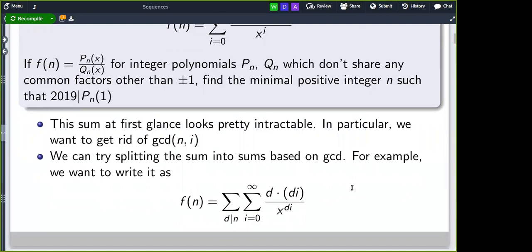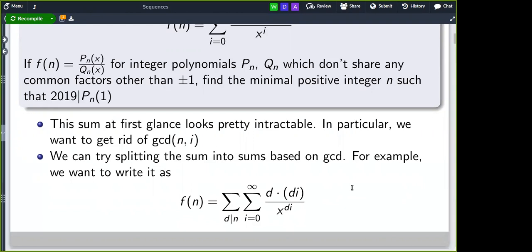Can somebody tell me why it's incorrect, first of all? No, it's not incorrect because of i equals 0.